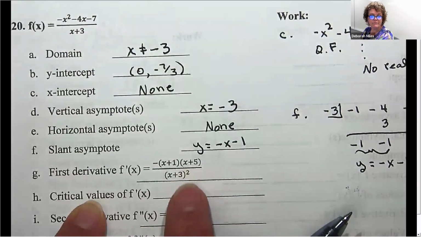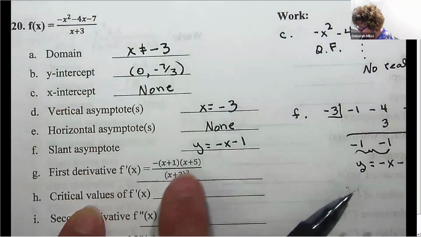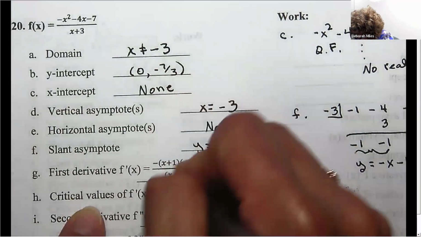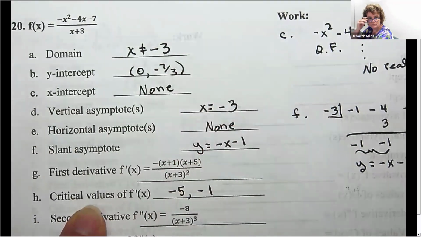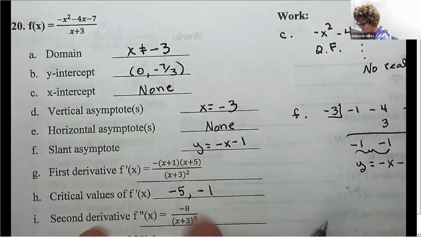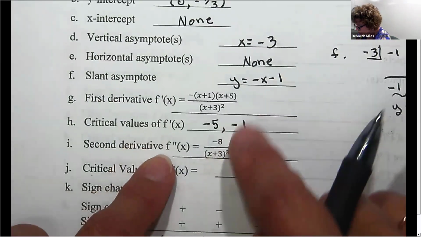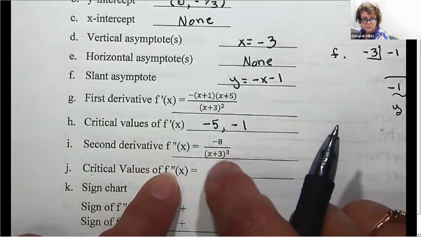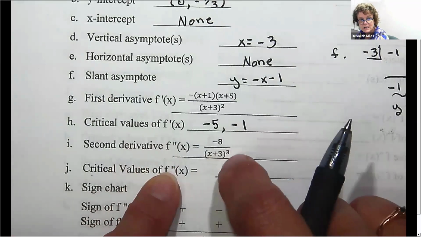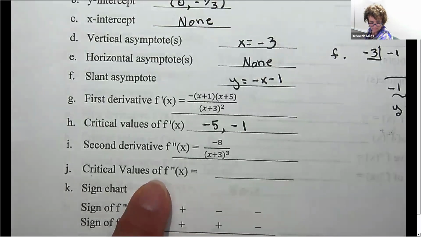Critical numbers are where the derivative is either 0 or undefined. So -3 can't be a critical number. Critical numbers are the zeros of the numerator, -5 and -1. I went ahead and found the second derivative. Notice in the second derivative, the numerator is always negative. The denominator is x plus 3 cubed, so the sign of the denominator will depend on the x values that you use for test values.